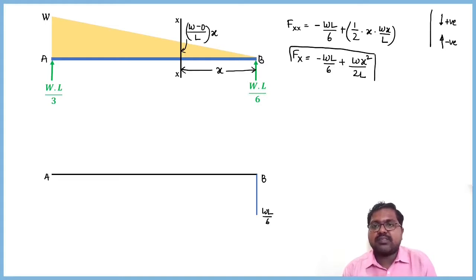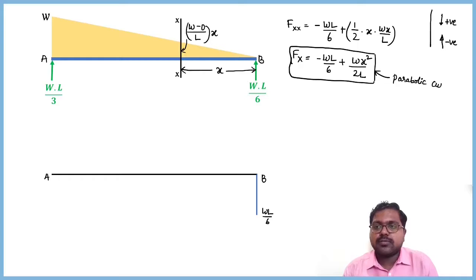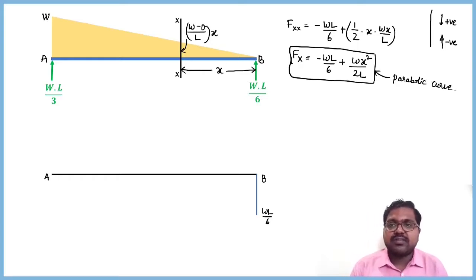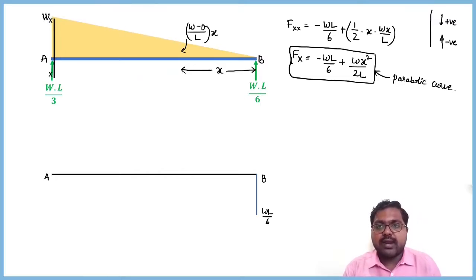So this equation is in the form of x square, so the shear force variation will be in the form of a parabolic curve. So with this, now I am directly going to A and I want to calculate the value of shear force at A. That is equal to minus WL by 6 plus W x, where x becomes L, square by 2L.